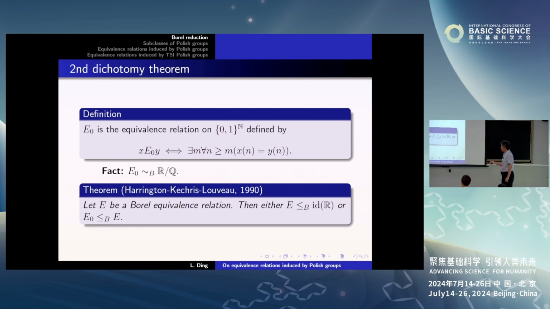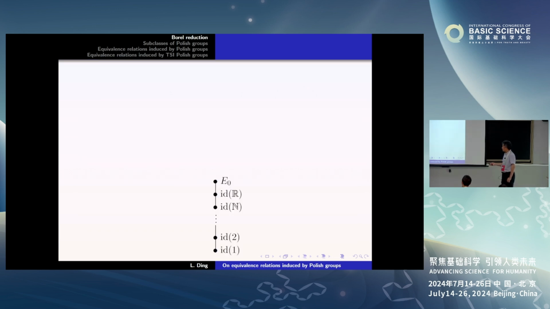Now, the second dichotomy says: let E be a Borel equivalence relation. Then either E is below identity on R or E0 is below E. So it means that there is no equivalence relation between these two points. This is the second dichotomy.